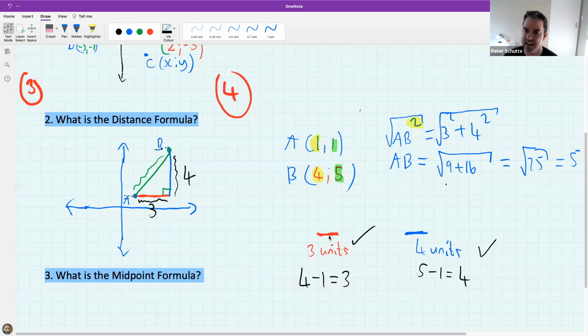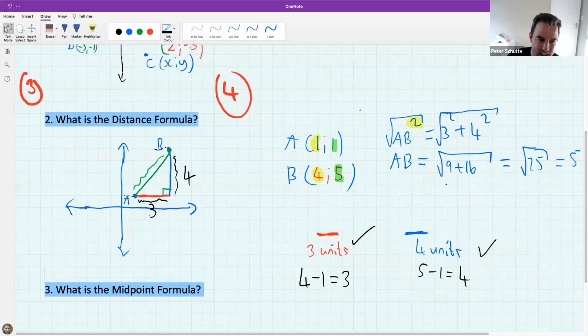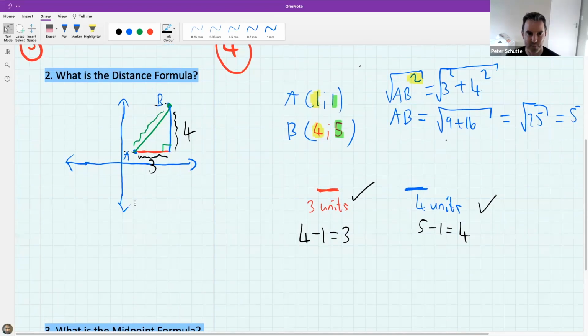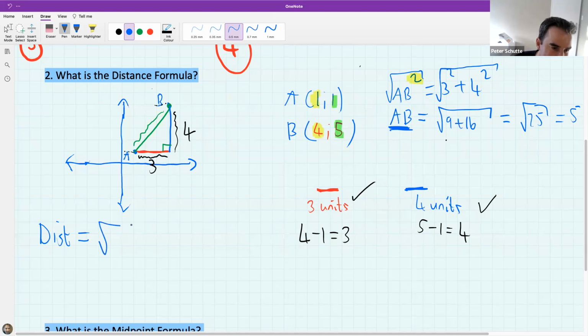Okay, now, fantastic. Now, this idea is one that we can generalize in order to get the distance between any 2 points on the Cartesian plane. So, for example, the first thing I said is if I want a distance, so AB is a distance, I'm just going to say on the Cartesian plane, if I have 2 points, in order to find the distance between them with Pythagoras, I need a square root around the thing.